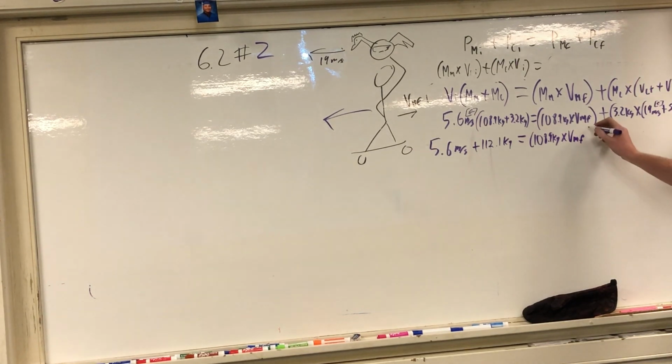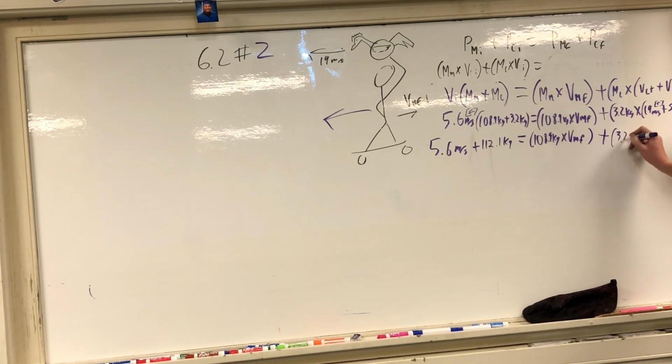That's still our unknown. Plus 3.2 kg times 19.5 times 5.6 is 24.6 meters per second. And of course it's that way. Try to get those in here, but again, we don't have a lot of space. It's all that way. Let's move.